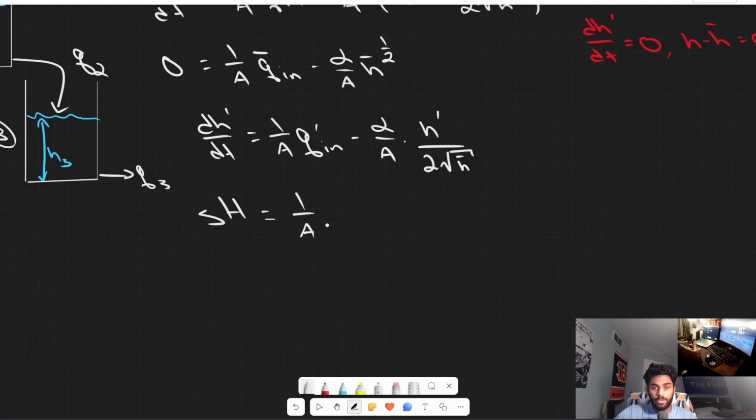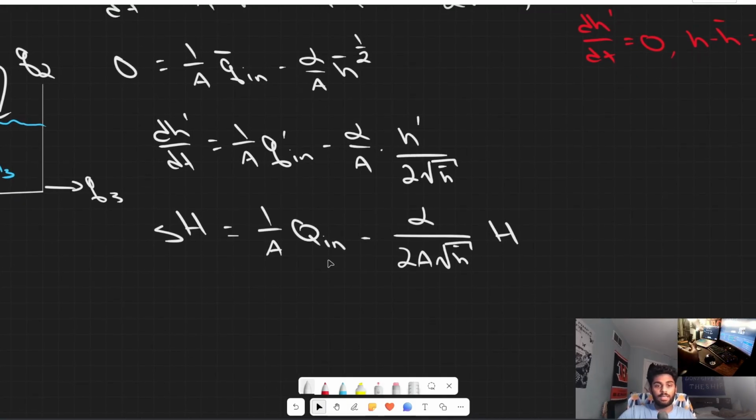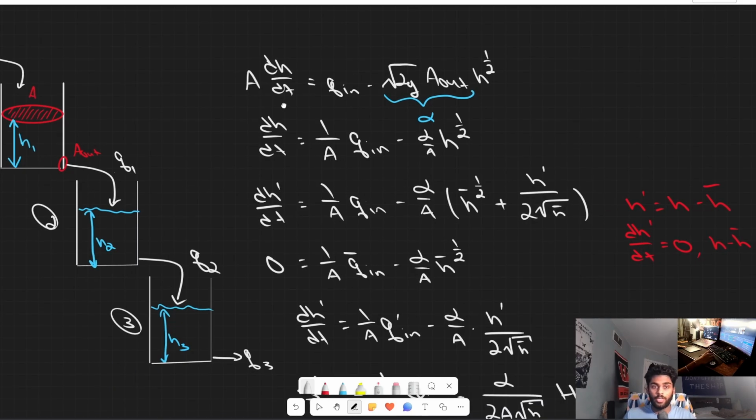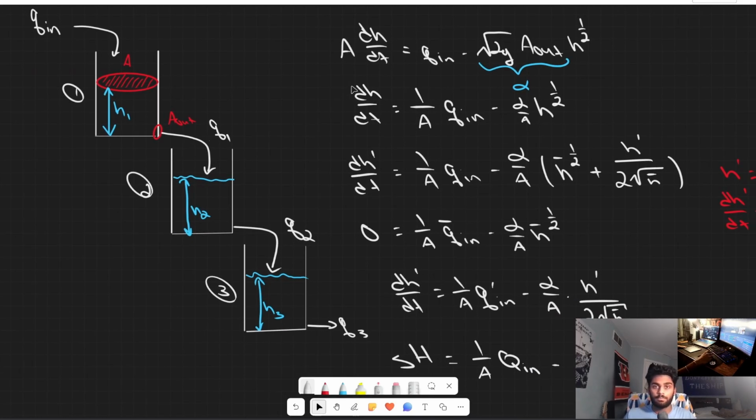What we get here is a capital Q minus alpha over 2a root h bar times capital H. So now this is our Laplace transform by linearizing this differential equation for our system.